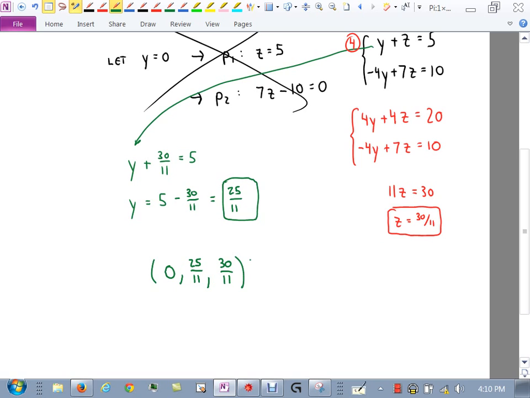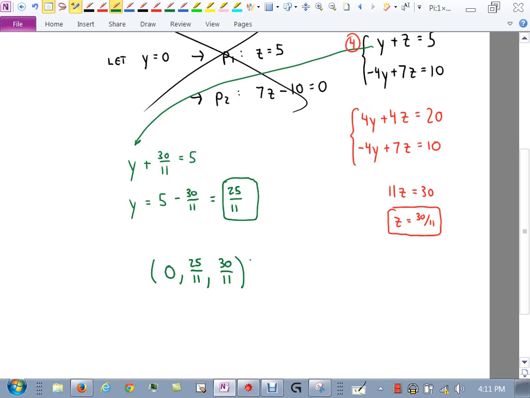Now, if we all do this problem separately, are we all going to get the same point necessarily? No, right? I mean, you may choose to let y be 0 and then go solve for x and z. Or you may choose to let z be 0 and go solve for x and y. Or you'll choose x to be 1.